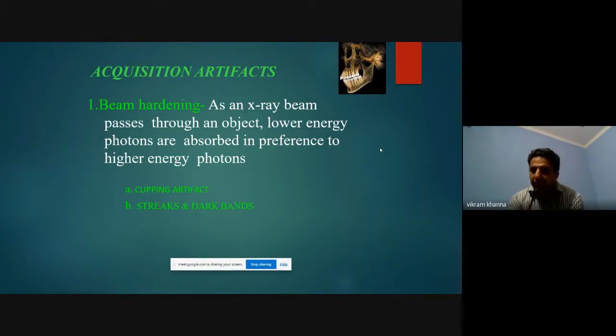So I have already told you that the computer assembles all the things and shows it on the screen by way of the back projection method. So when it goes for back projection, you will have a cupping artifact or a band of streaks and dark bands, depending upon the type or shape of the hardening filling which is there.